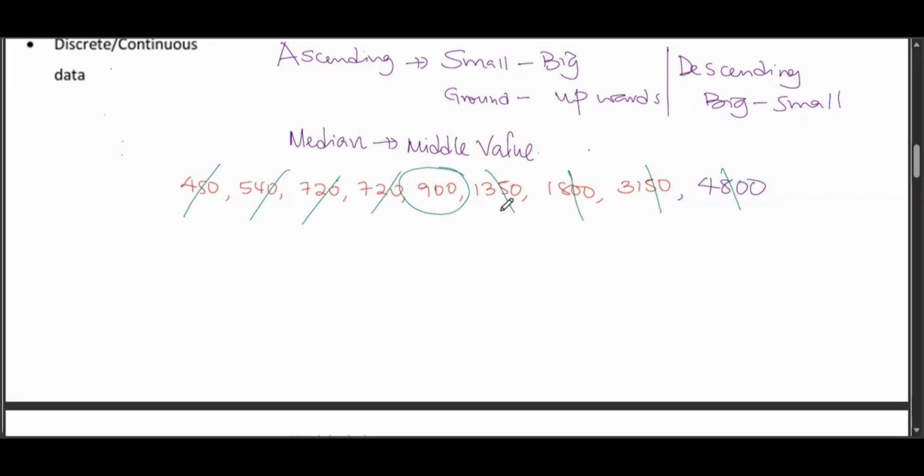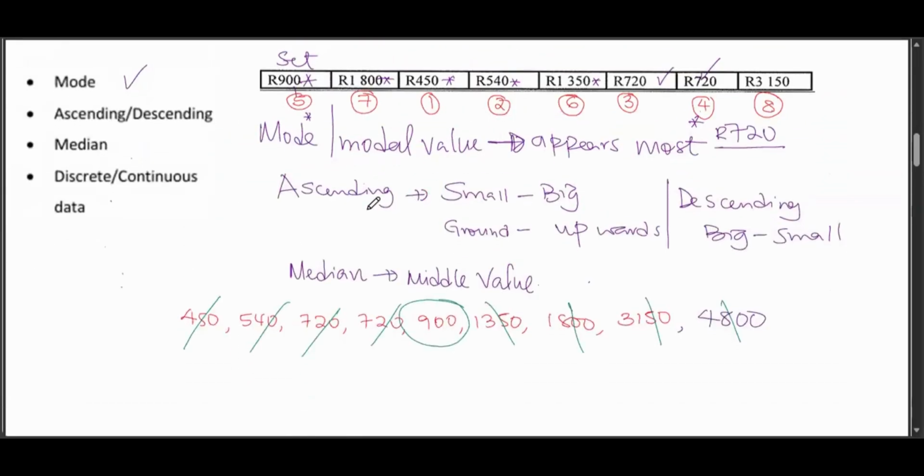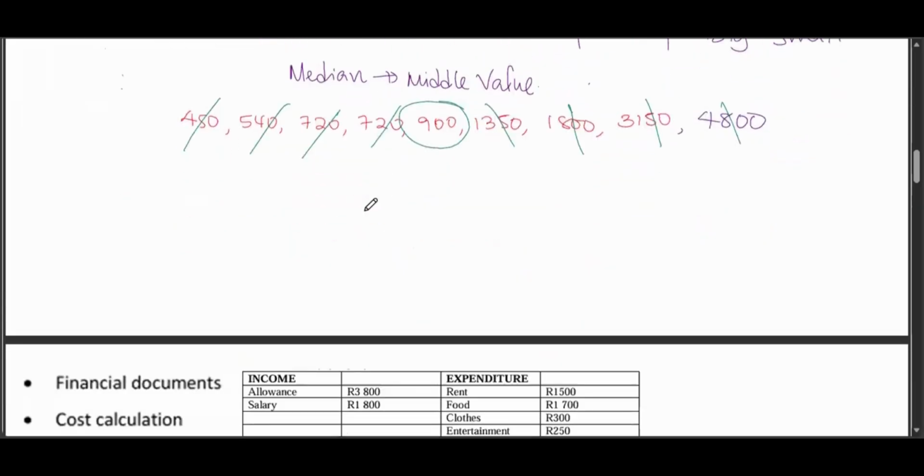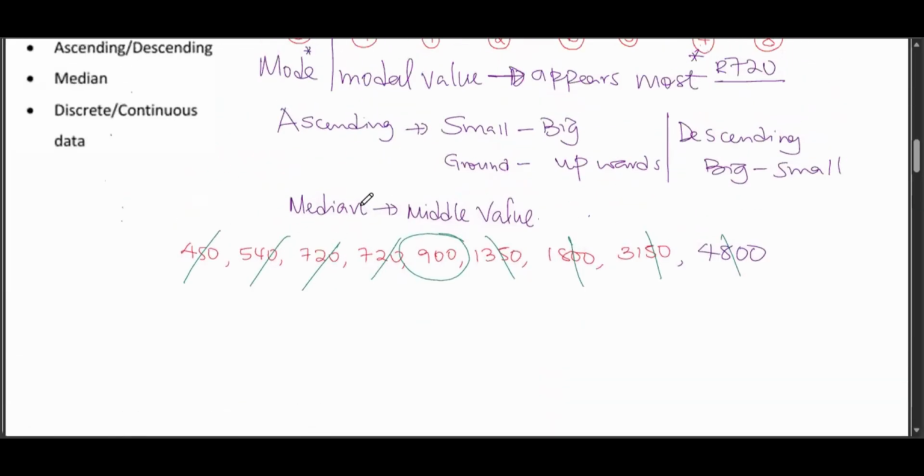Okay, let's look at what we call discrete and continuous. Now, what I want you to remember, under discrete, please, values that are countable. We say that's discrete data. Data becomes discrete if the values are countable.